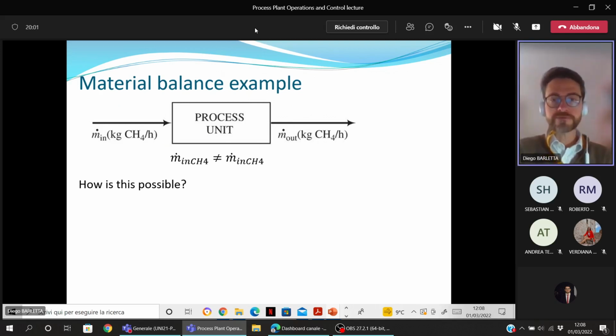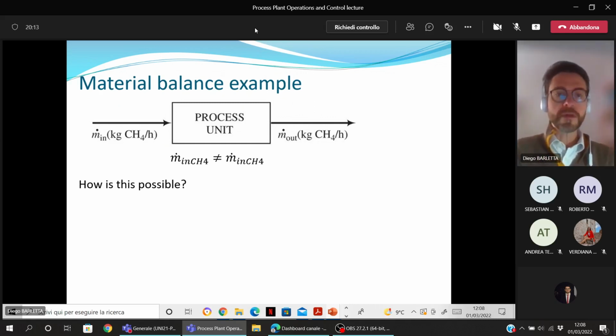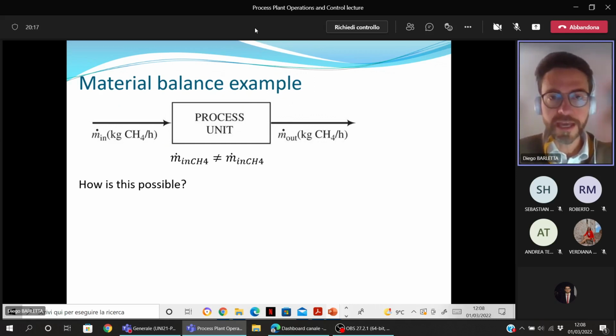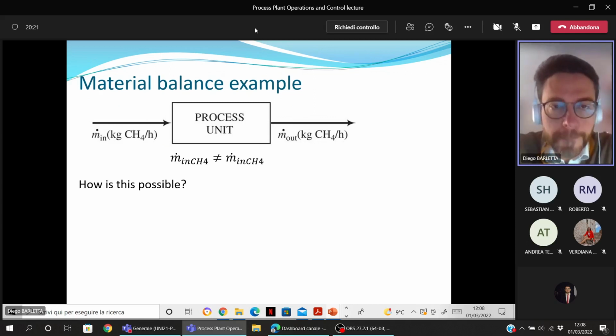And then we have another stream leaving the process with another mass flow rate that is m dot out, again kilogram of methane per hour. Now, if the two numbers, the flow rate in and the flow rate out, actually here there is a mistake, I think. Yeah, it should be m out.